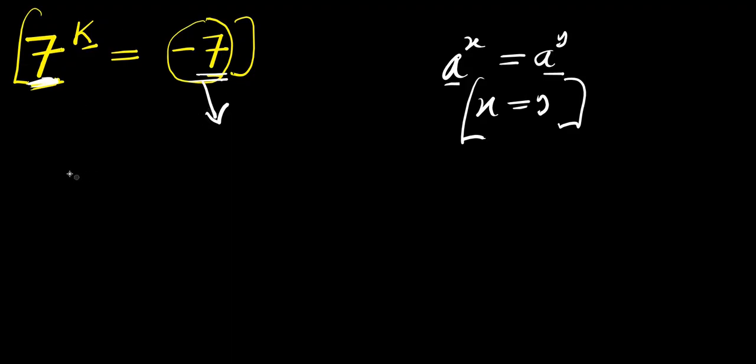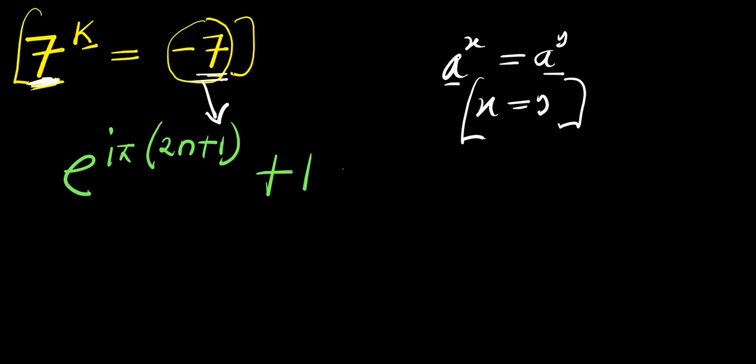If you have e to the power of i times pi times 2n plus 1, then plus 1 equals 0.